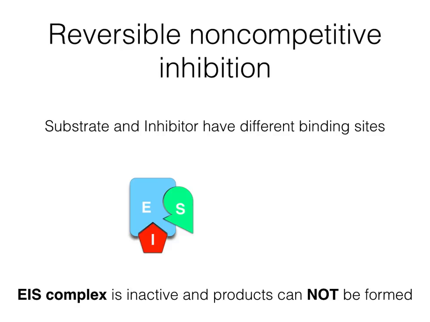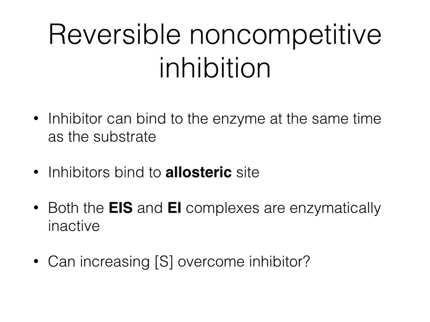So the result is an EIS complex that is inactive, and therefore products cannot be formed. So inhibitors can bind to the enzyme at the same time as a substrate. The inhibitors bind to the allosteric site and not the active site. So the resulting EIS and EI complexes are inactive.